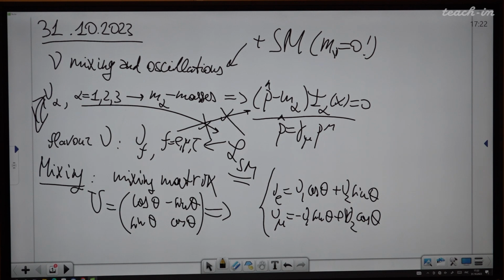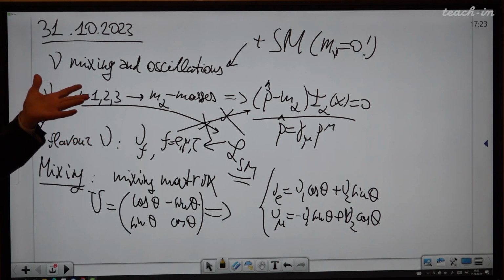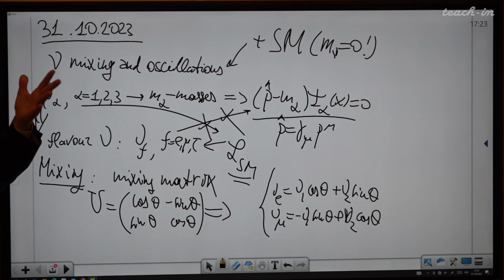Now, knowing these 2 main features of different types of neutrinos, flavor and mass states, we can consider this as a typical quantum mechanical problem, and we can calculate the probability of conversion of one neutrino flavor to another, if we again postulate the evolution equation for the mass states of neutrinos.